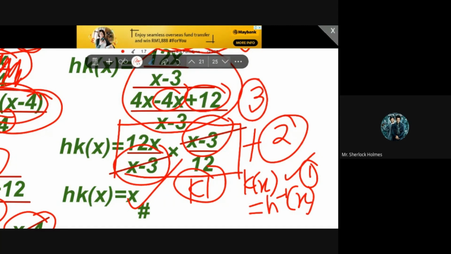What will you conclude? Apa kamu boleh simpulkan dari jalan kira ini? You got HKX is X and you have KHX also is X. So what will you write? Apa yang kamu akan tulis?